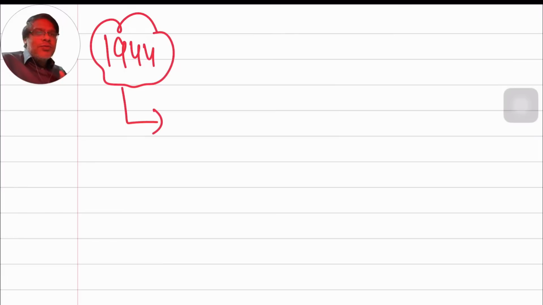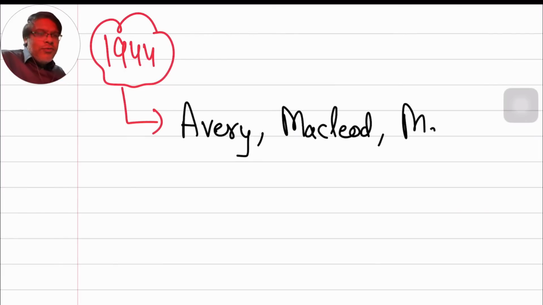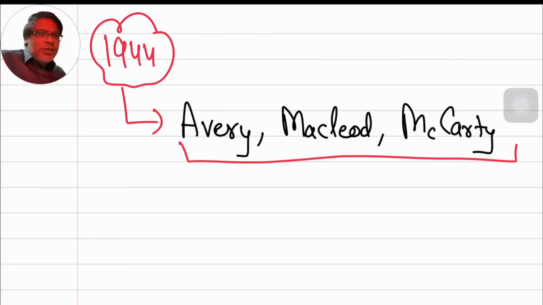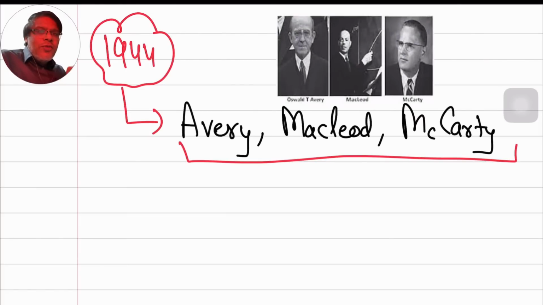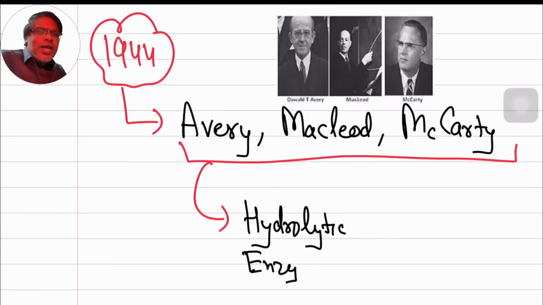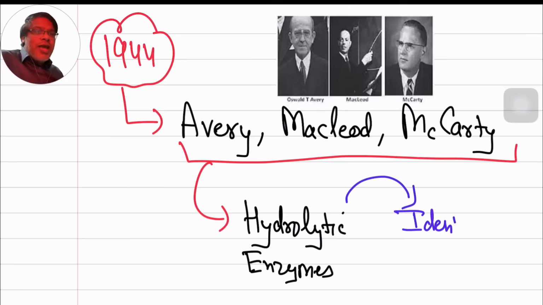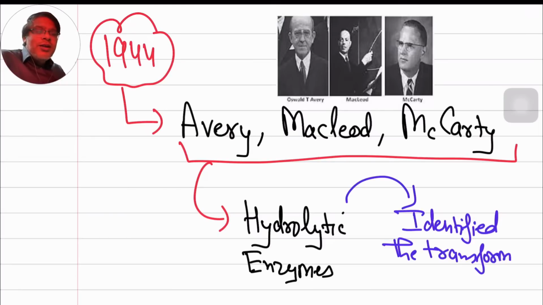Now here I just want to tell you, in the year 1944, Avery, MacLeod and McCarty did the wonderful experiment which clearly proved what the transforming agent is. Avery, MacLeod and McCarty used hydrolytic enzymes to identify the transforming agent. How they actually did the experiment, we are going to discuss.